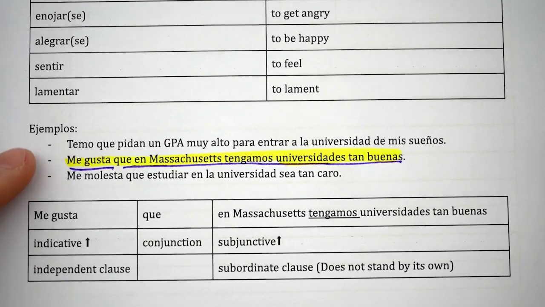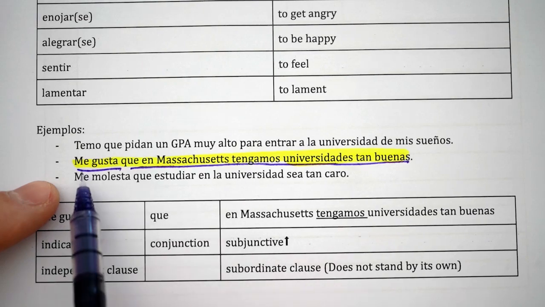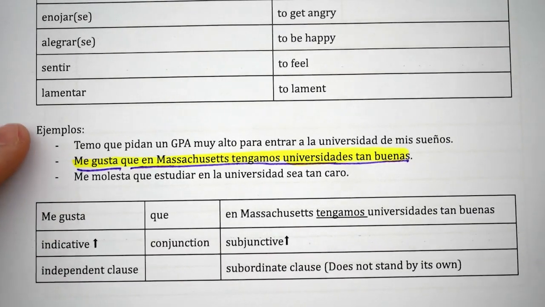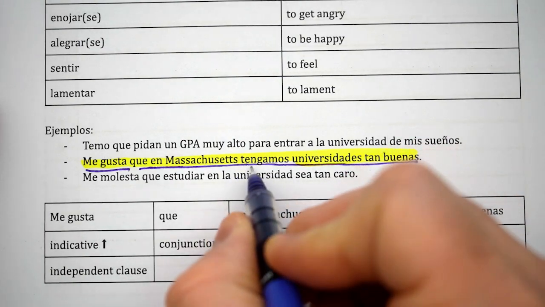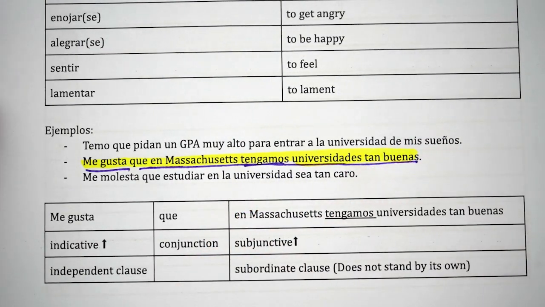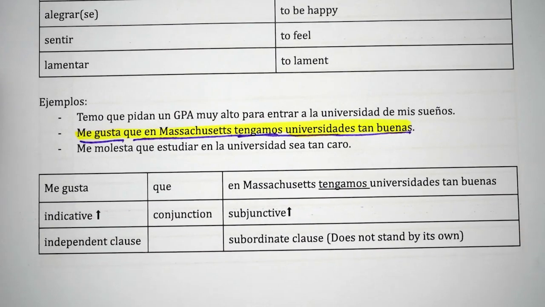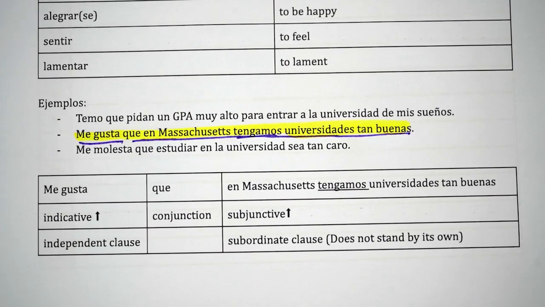This dependent clause, which can't stand on its own, depends on the me gusta, right? To have a meaning, it is forced to be in the subjunctive because it expresses subjective ideas.